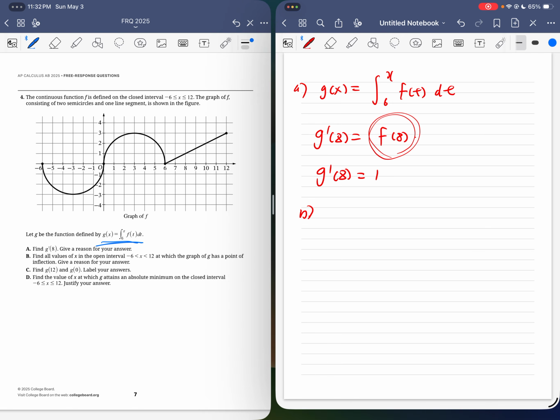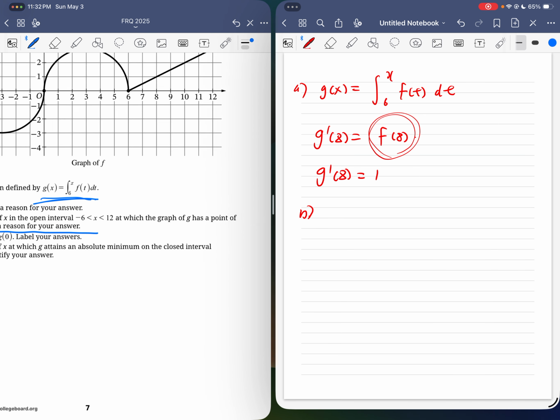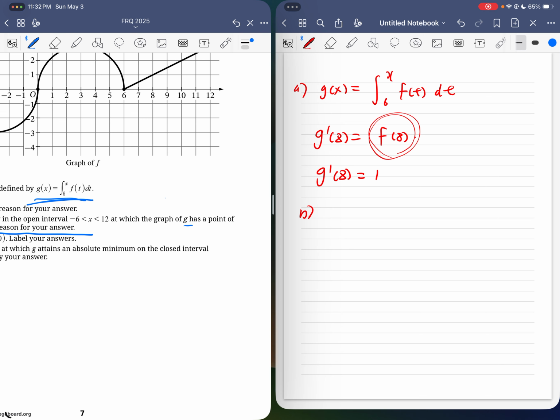Find all values of x from negative 6 to 12 at which the graph has a point of inflection. So point of inflection, g or f? g, right? Where g double prime is equal to 0. That's the inflection point. So what I have to do is take the derivative of this one twice. So let's do this.